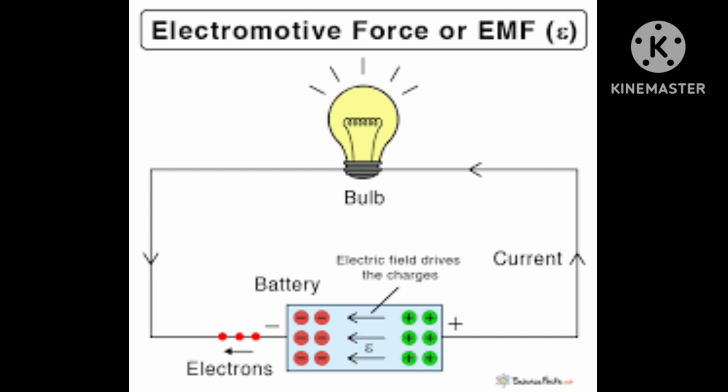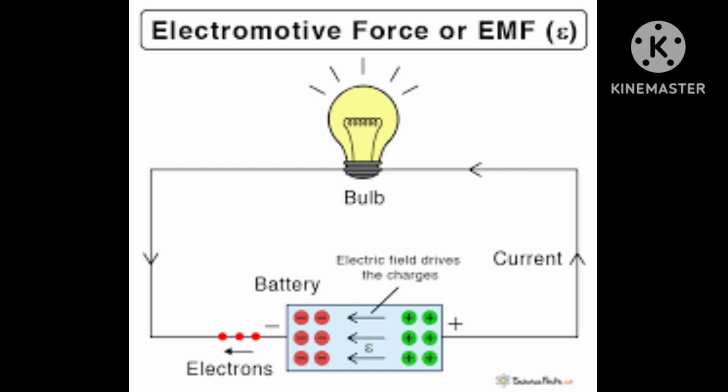Then you will find that current is flowing from anode, means from Zn, to cathode, means copper. Correct? And how much current is flowing, or how much voltage is being produced, you can measure. If you join a voltmeter, then it will tell how many volts it is producing.